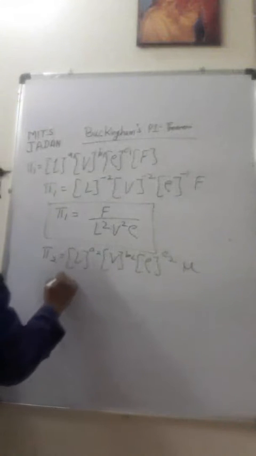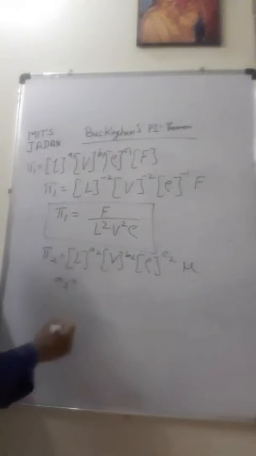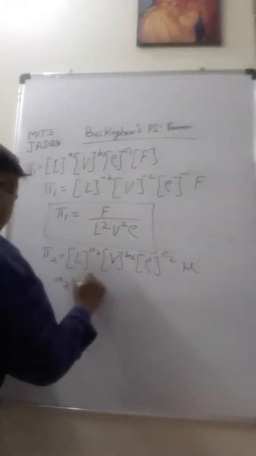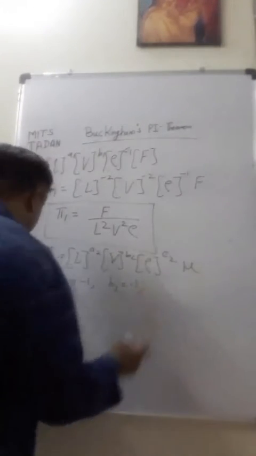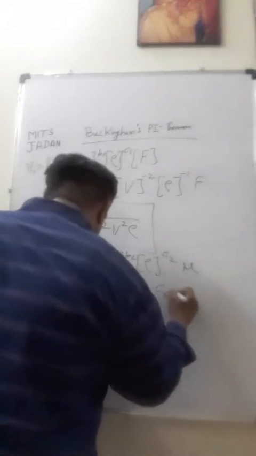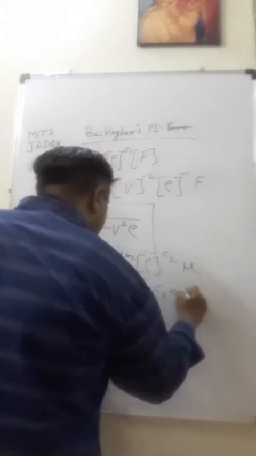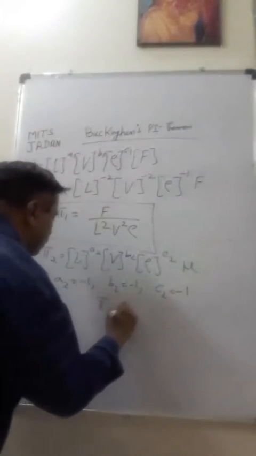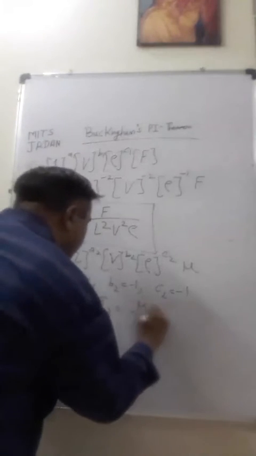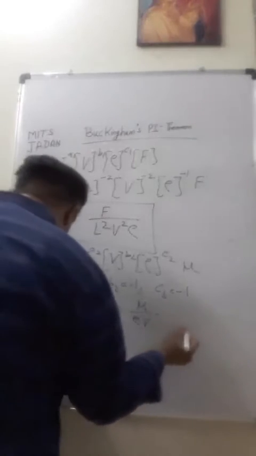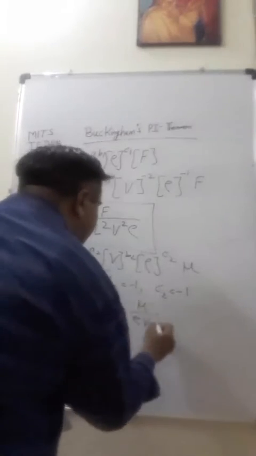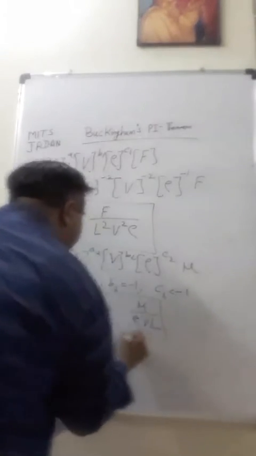And here you will find A2 is equal to minus 1, B2 is equal to minus 1. Again you have to apply the Rayleigh method. And then C2 is equal to minus 1. So we get pi 2 is equal to mu upon rho V L. So this is your pi term.